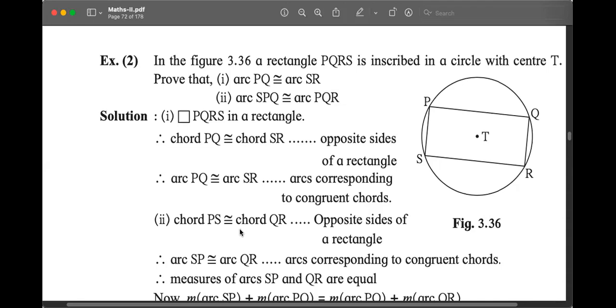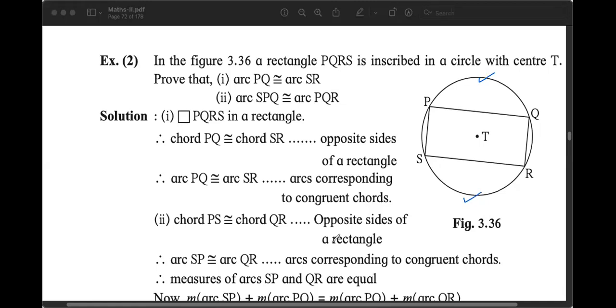And because it is a parallelogram, its opposite sides are congruent, parallel, both. We have to prove that arc PQ is congruent to arc RS. किसके बारे में पूछ रहा है? इस आर्क और इस आर्क के बारे में पूछ रहा है. We have to prove this.